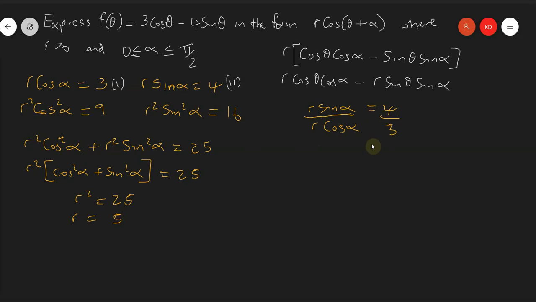Therefore the r's would cancel, which leaves us with sin alpha over cos alpha.